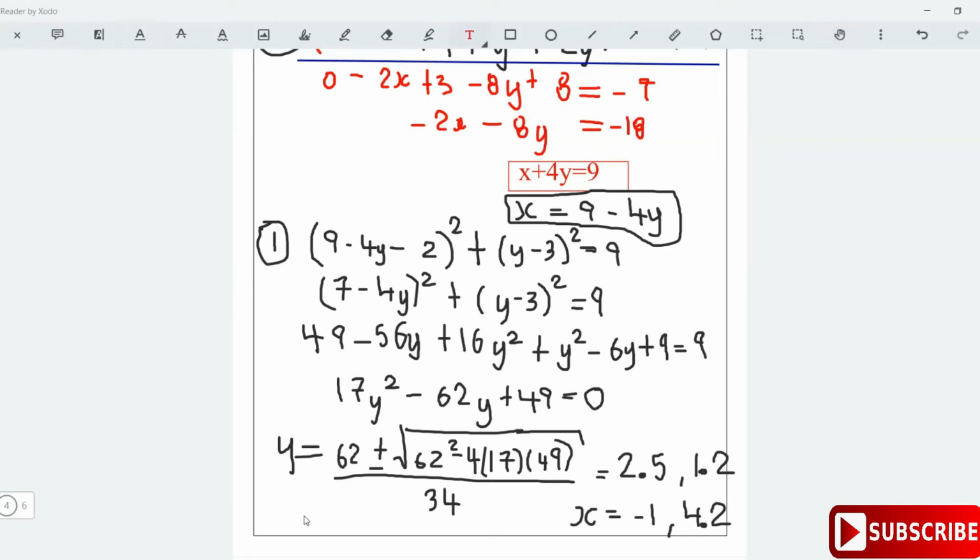So to put them as coordinates, the intersecting points are (-1, 2.5) and the next one is (1.2, 4.2).